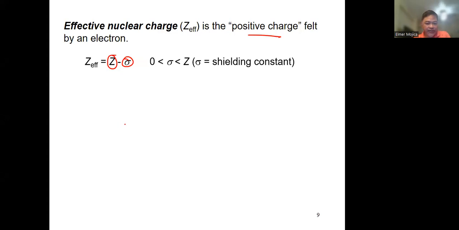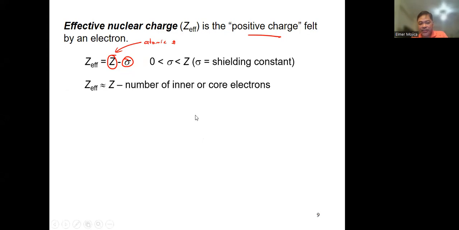Z there is your atomic number, and this thing here, that's what we call the shielding constant. So if we're going to look at the trends of your effective nuclear charge, it is just Z minus the number of inner or core electrons.